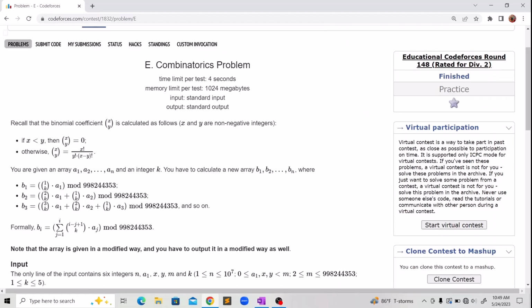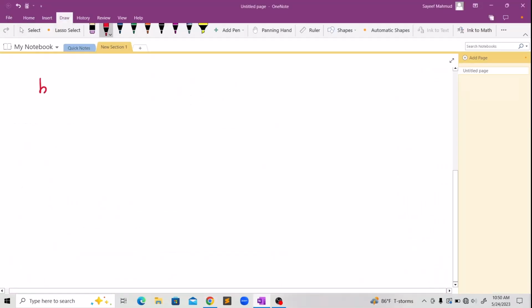Hello everyone, this is problem E of Educational Codeforces Round 148. In this problem, we are given an array A and an integer k, and we have to calculate a new array B, which is denoted using this formula.